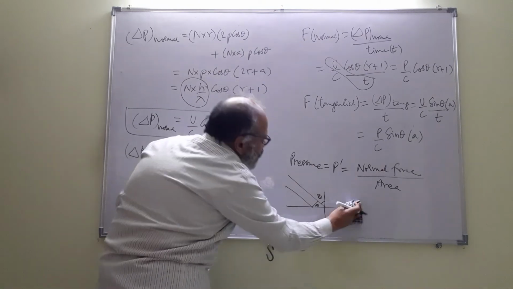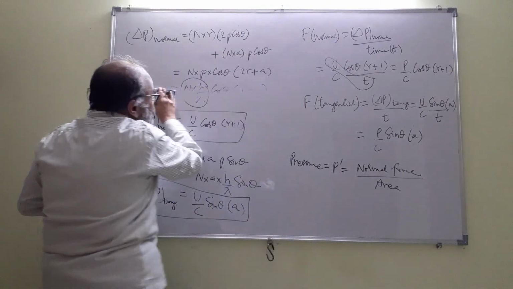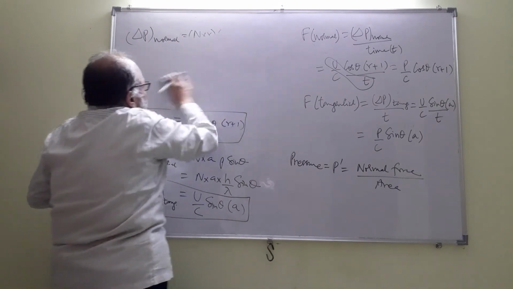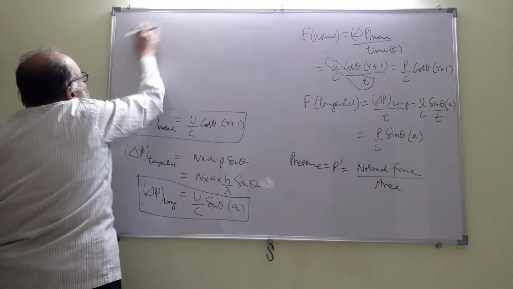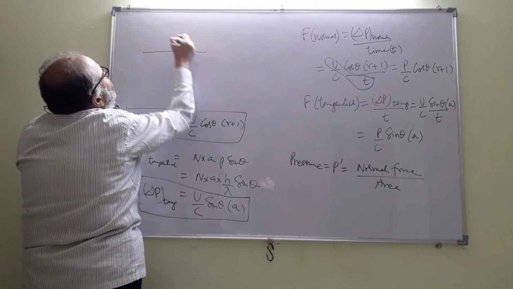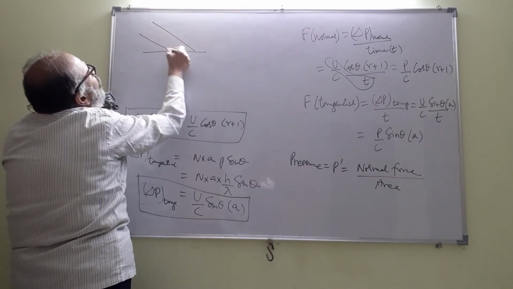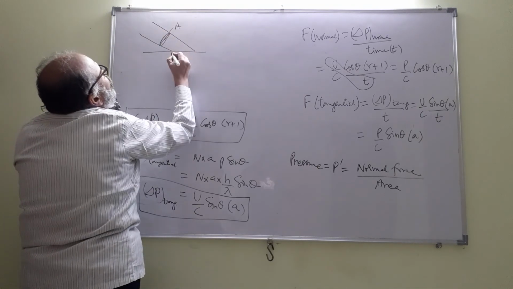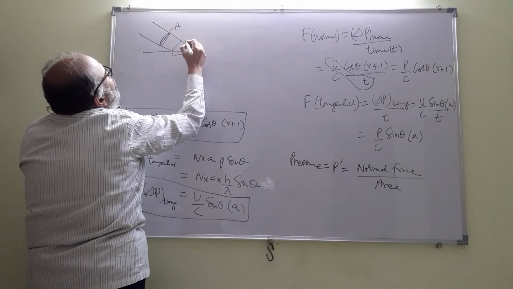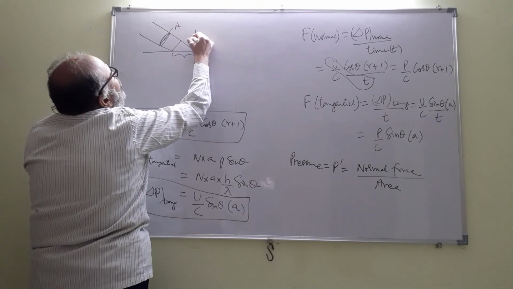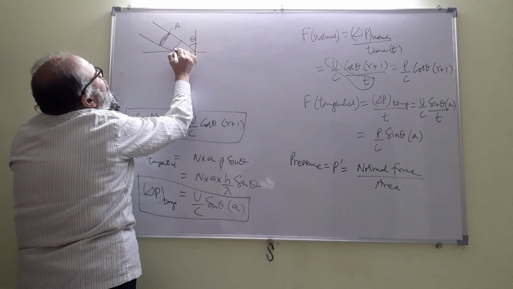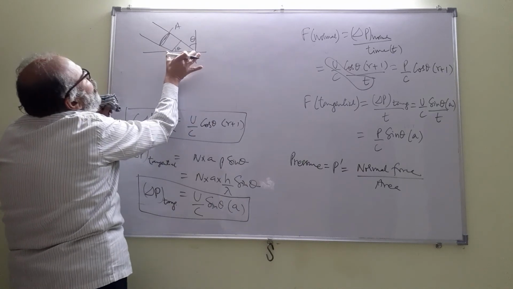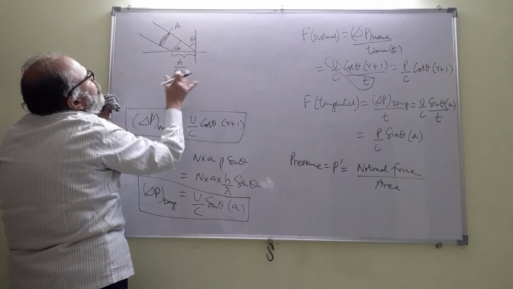Let me show it here. This is the surface, this is the area A we are talking about. If this angle is theta, this area would be A by cos theta. Remember, it's the hypotenuse and this is the adjacent side, so this is A cos theta.